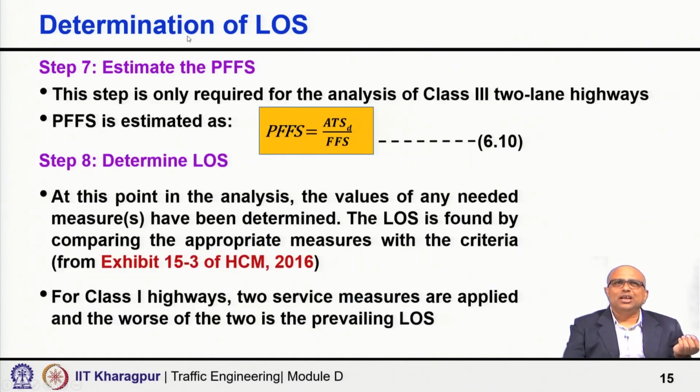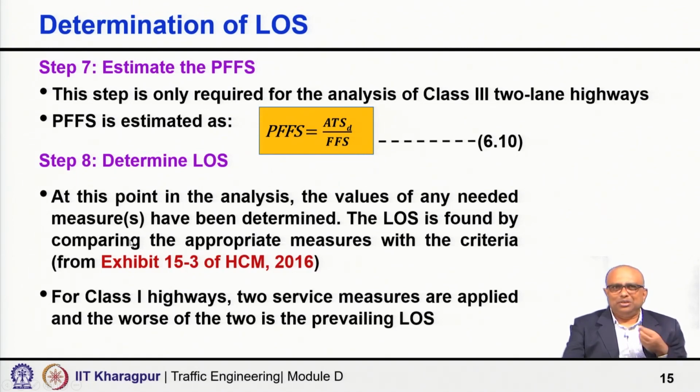Once you have done that, you can then calculate PFFS also, which is required for class 3 highways, because there we use PFFS as the service measure. So, average travel speed is known, divided by free flow speed.